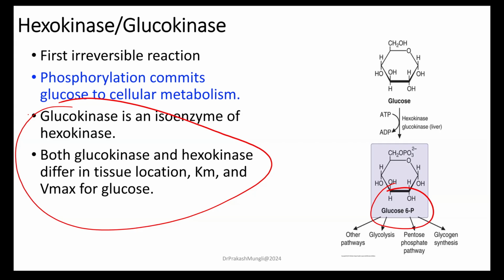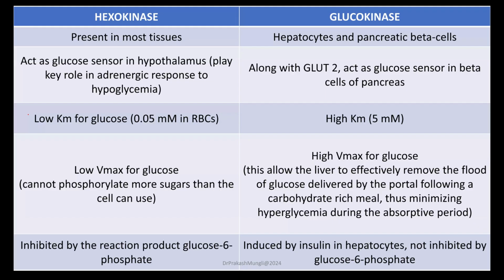So, understanding this concept, let me take you into these two enzymes. It is important to know this table. First, you understand. Later, it will be easy for you to remember. Hexokinase. Let's focus on the Km and Vmax of hexokinase. What is its Km and what is its Vmax?